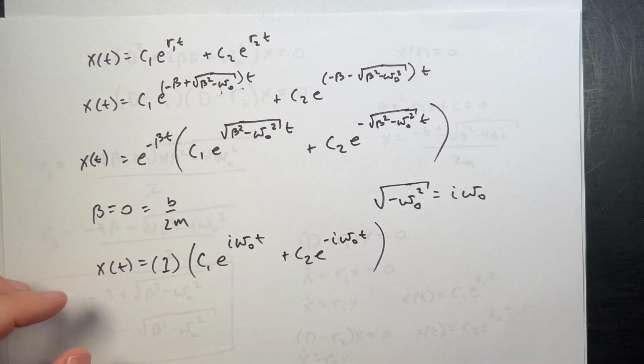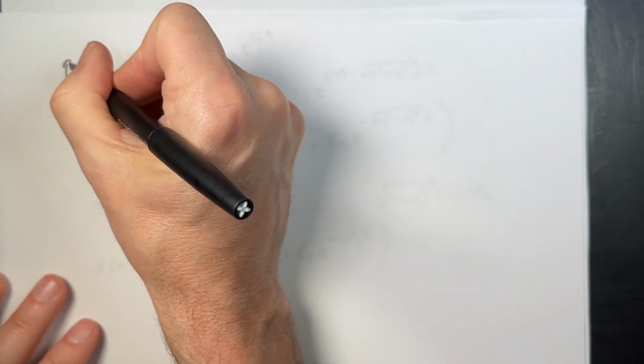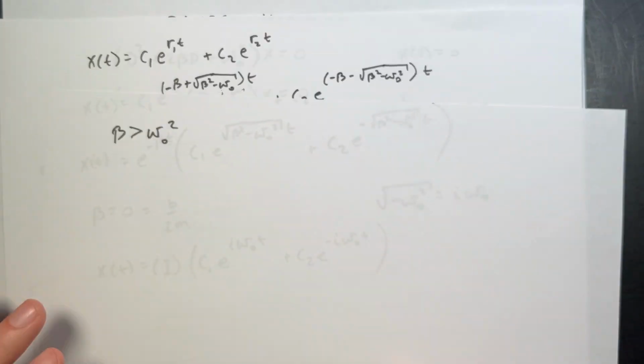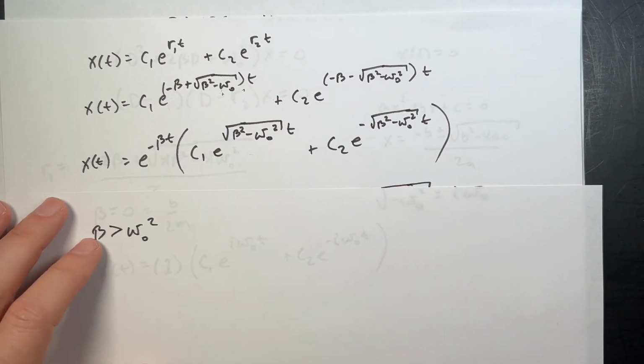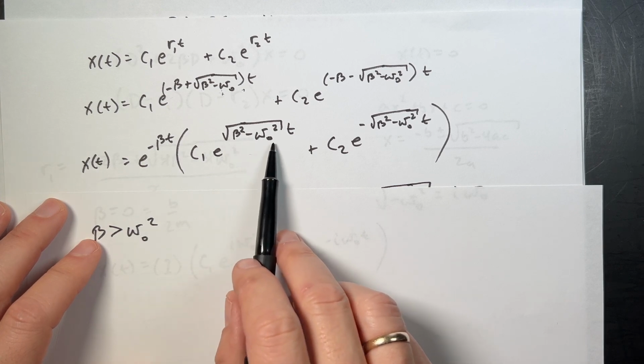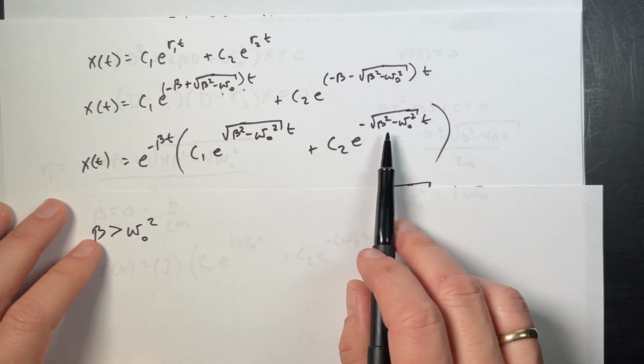Okay, now let's look at the case where beta is greater than omega naught squared. So going back over to our solution here, if beta is greater than omega naught squared, then this is just some number, right? That's just a number.